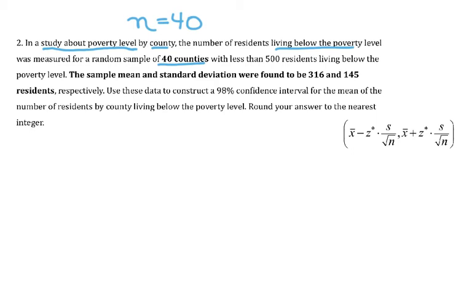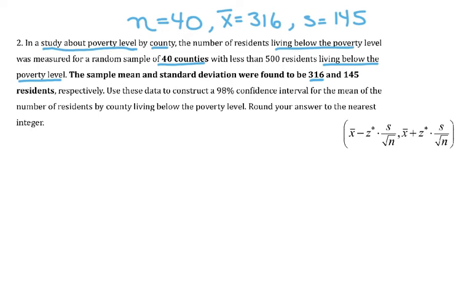And it says the sample mean, the number of residents who were found to be living below the poverty level, the average was 316. That's how many were living below the poverty level. And the standard deviation was 145.